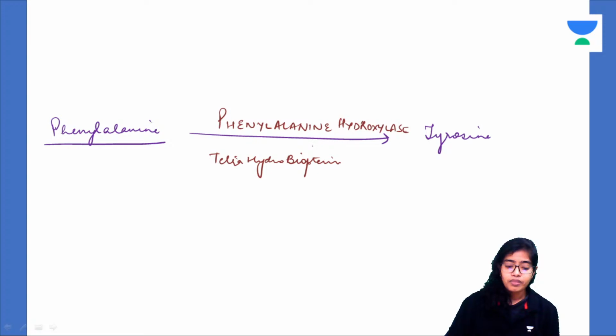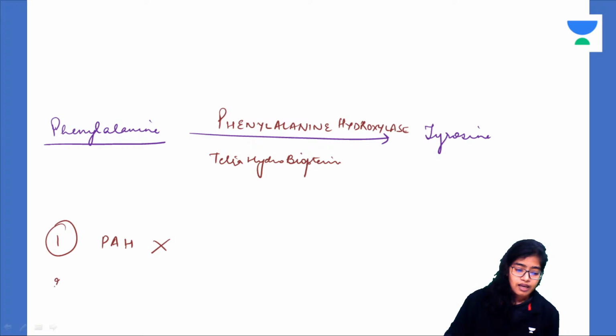So if tetrahydrobiopterin is absent, the disease will be less severe compared to when the enzyme itself is absent. If the cofactor is absent, the enzyme will work, albeit to a much lesser extent. But if the enzyme itself is absent, then the reaction cannot go at all.